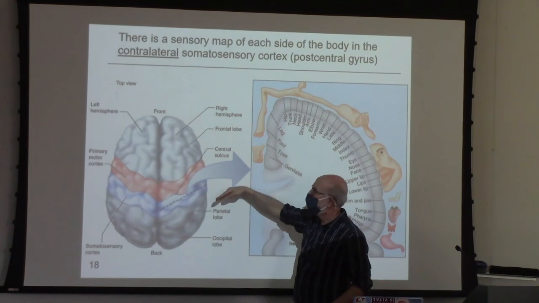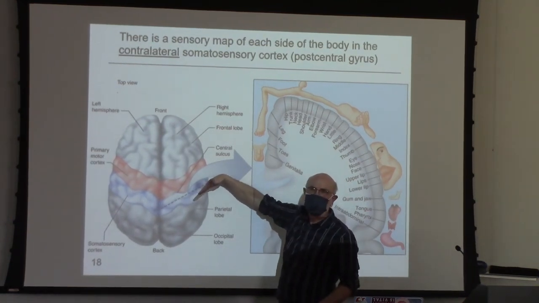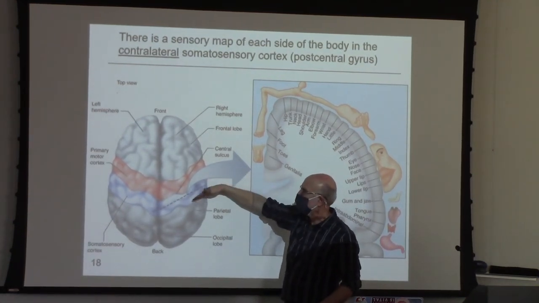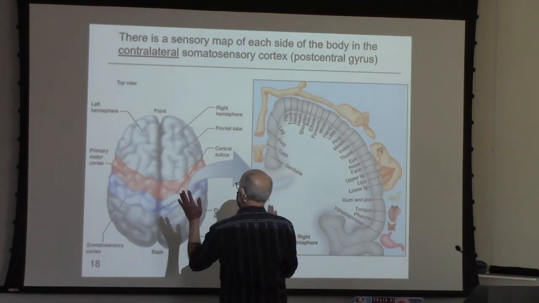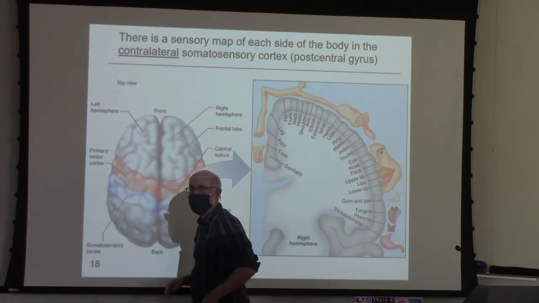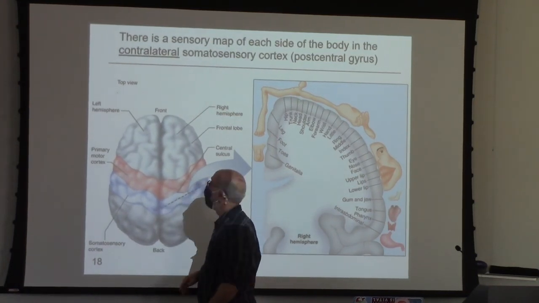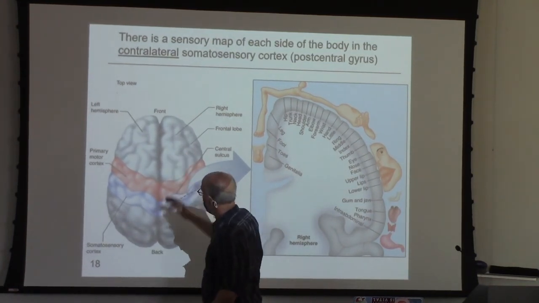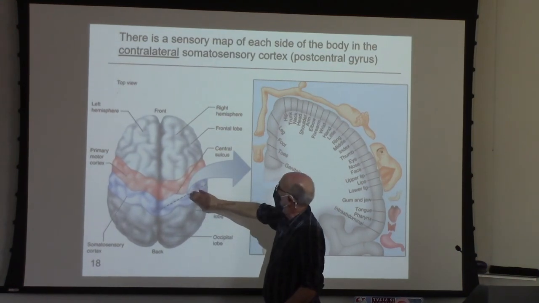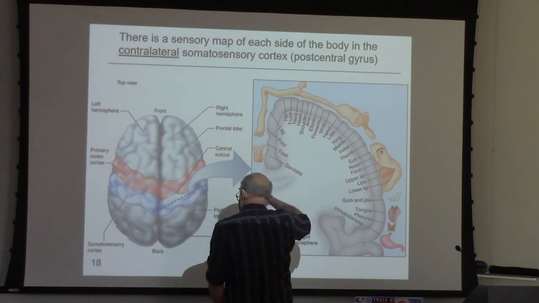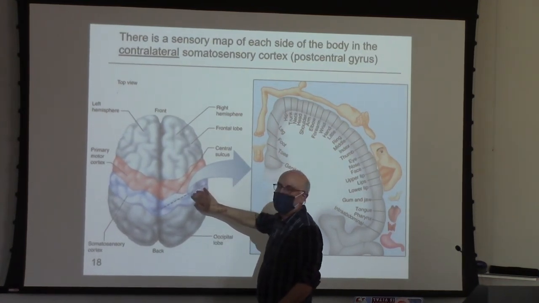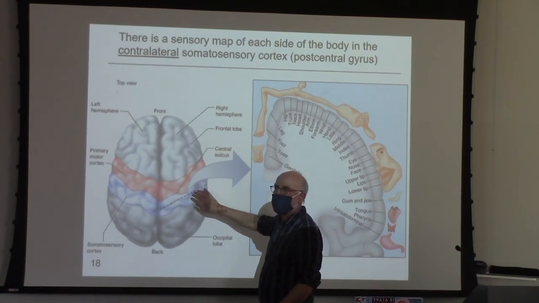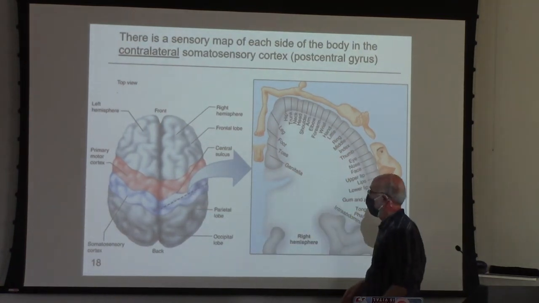So here is the post-central gyrus, in an oblique coronal section. Front, back, right, left in this perspective. This is the right post-central gyrus, the right somatosensory cortex.